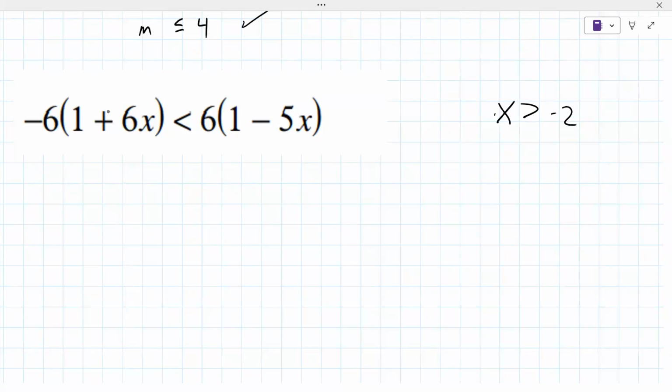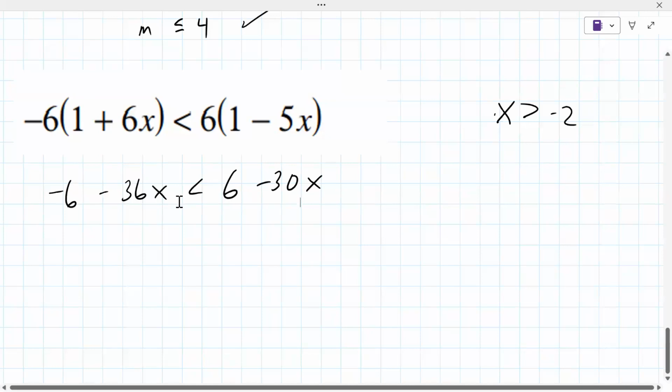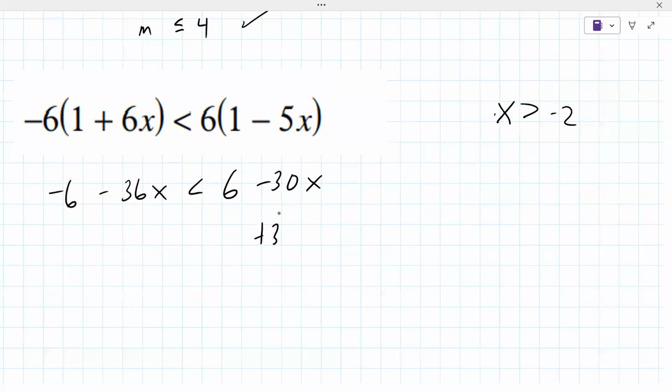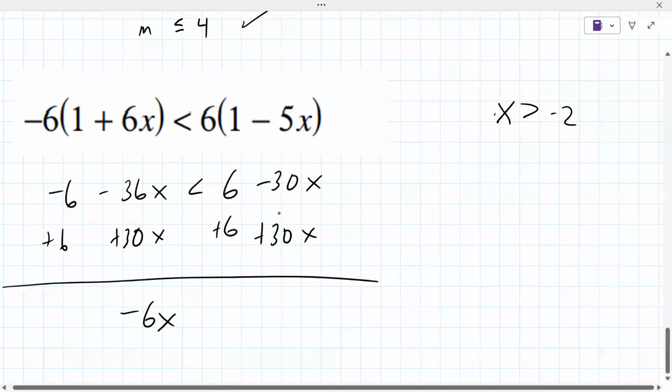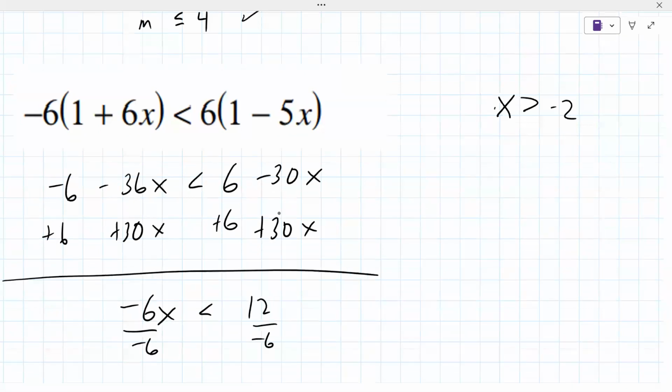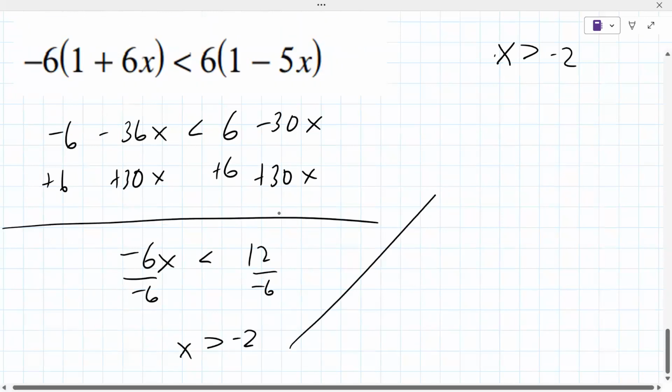Okay, like that. Yep. Okay, so we got negative 6 minus 36x less than 6 minus 30x. Again, I know we've talked about you move the smaller to the larger, but because the variable ends up having to be on the left, you tend to actually just always move left. But you do that after you've gotten really good at this. Wouldn't want to do it as a first thing. So minus 6x less than 12, divide by minus 6, divide by minus 6. So x is greater than negative 2.